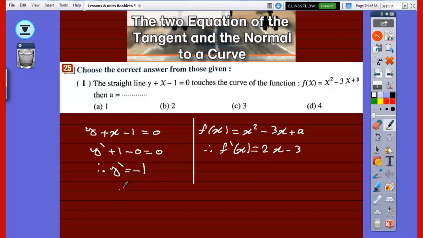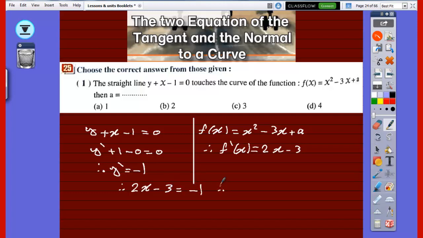So y dash, which equals negative 1, equals 2x minus 3. And then we write 2x minus 3 equals negative 1.